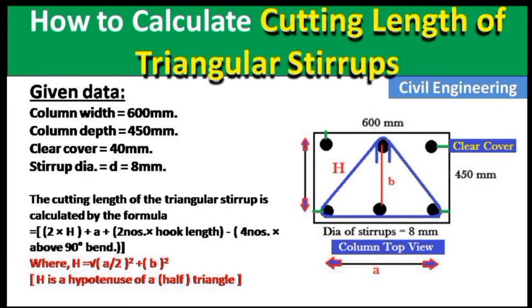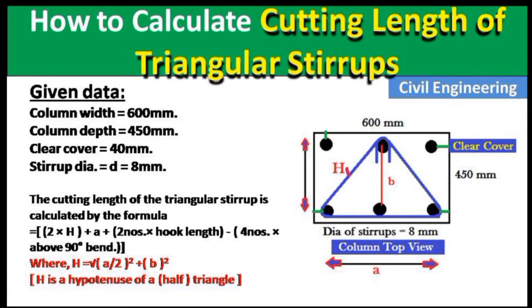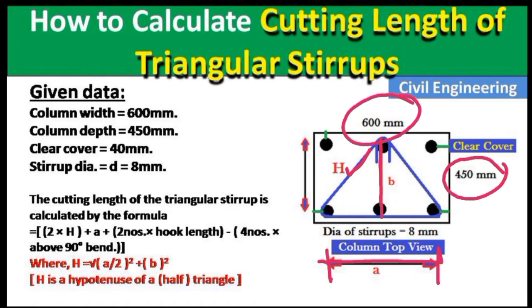Let us see 2h. What is h? h is this hypotenuse. In this picture I have summarized everything. This is the stirrup, this is b, this is our length a, the width is 450 mm, the length is 600 mm, and this is the clear cover.